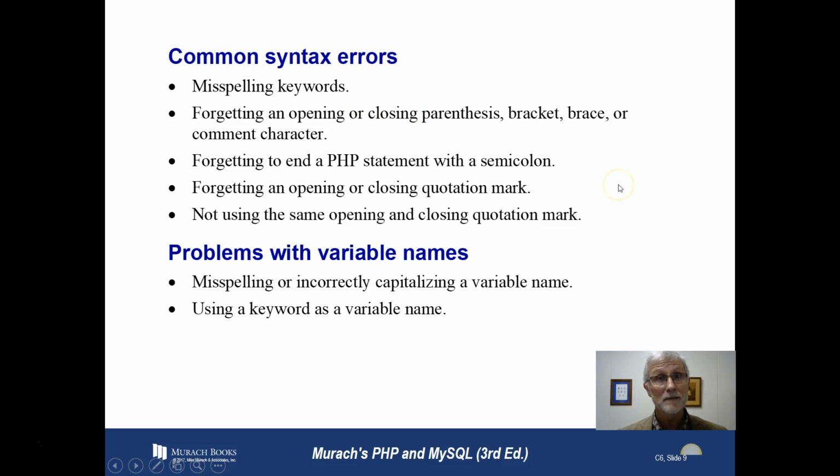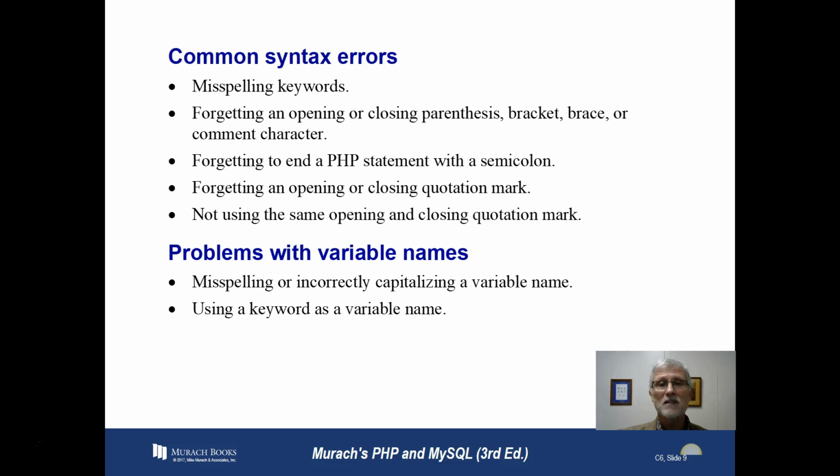Now, some common syntax errors: misspelling of keywords, forgetting opening and closing parentheses, brackets, braces. Forgetting to end a PHP statement with a semicolon. Forgetting opening and closing quotations. Not using the same opening and closing quotation. If I use this double quote, I've got to finish with a double quote. So make sure of that.